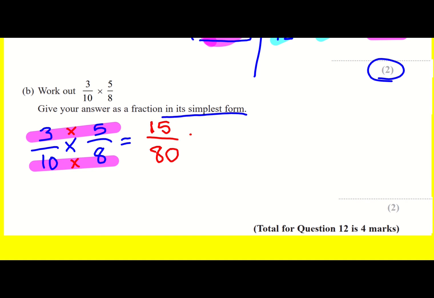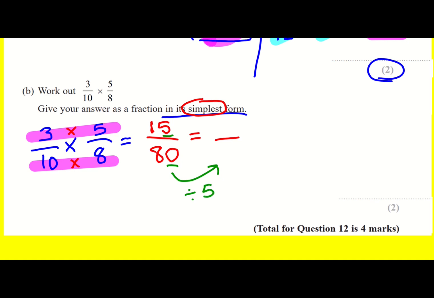Now, if I simplify this, because of course it does tell me to get it into its simplest form, I need to divide through by, well, preferably the highest common factor of these two numbers. But even if you can't identify the highest common factor of these two numbers, that's fine, you can do it in stages. I can see straight away that 5 will go into both of these numbers because they both end in either a 5 or a 0. So I'm going to divide by 5.